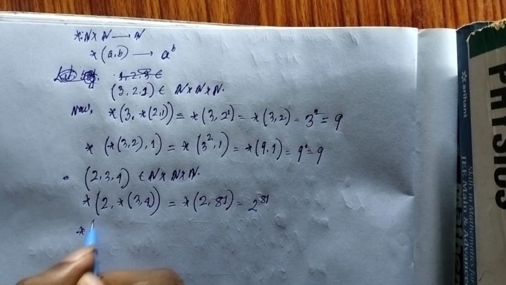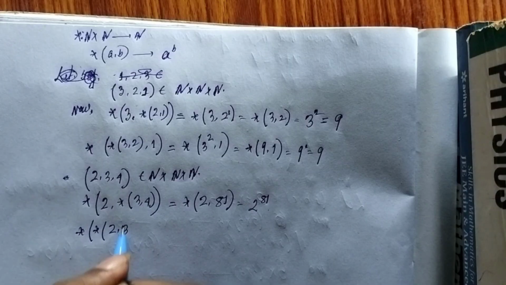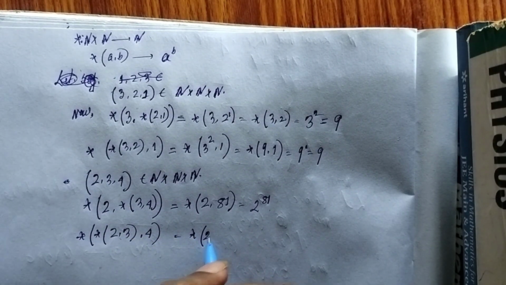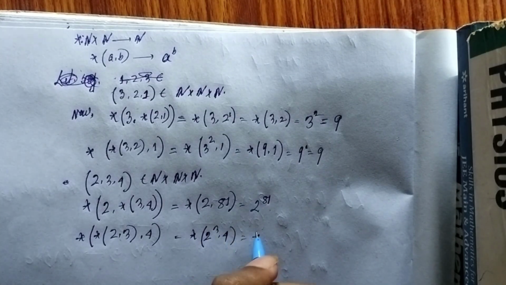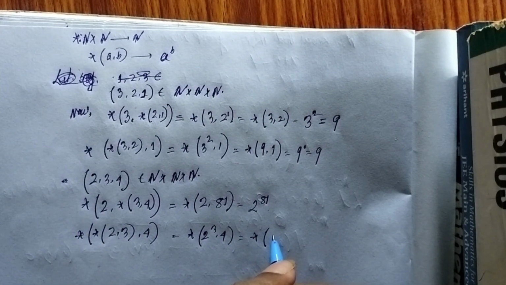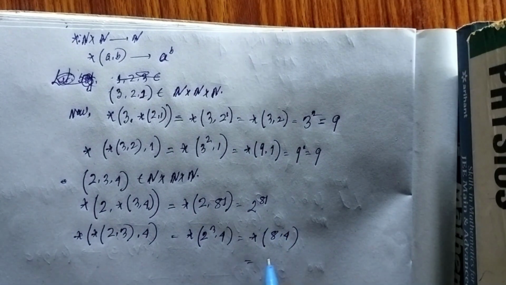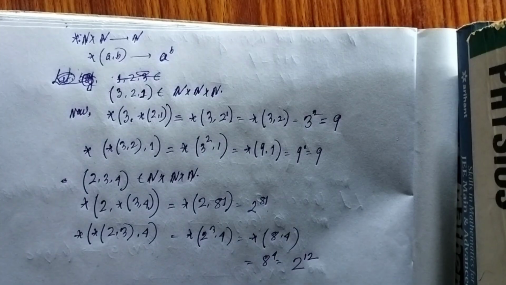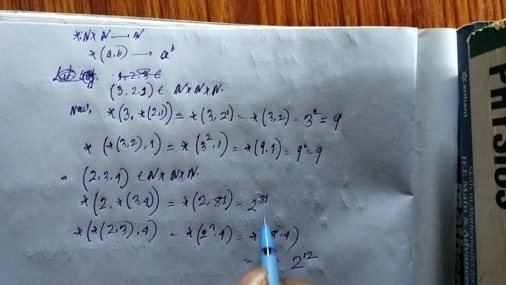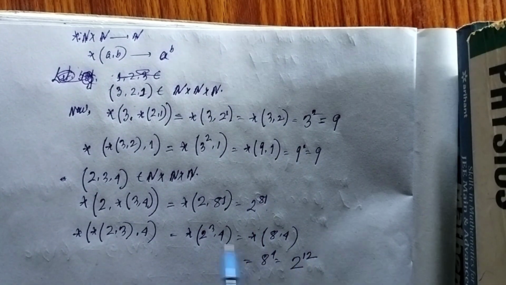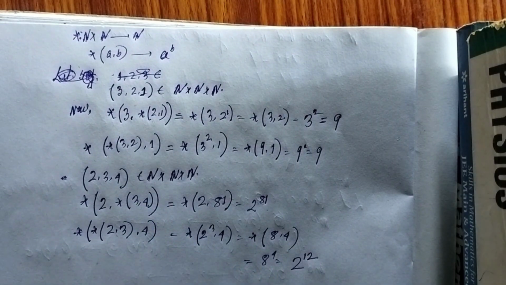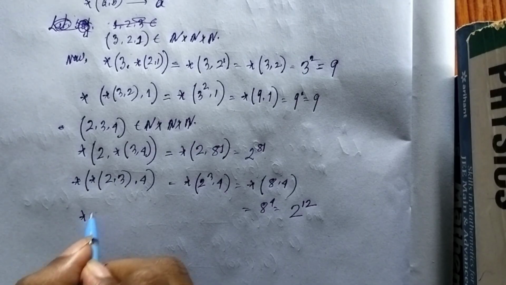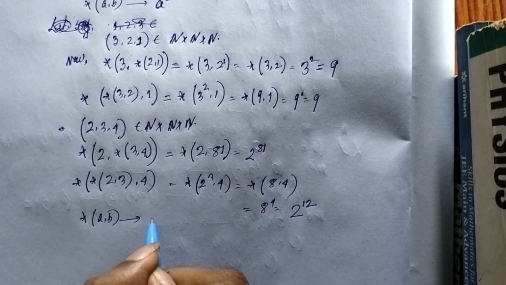Now again, (2 star 3) star 4 is 2 to the power 3, that means 8, and then 8 to the power 4, which is 2 to the power 12. You can clearly see that this is 2 to the power 81 and this is 2 to the power 12. These are not equal, so the associative property does not hold for (2, 3, 4) in that case.